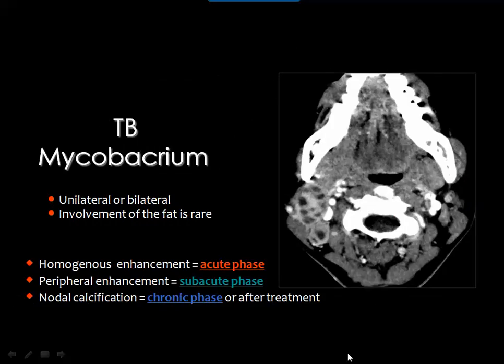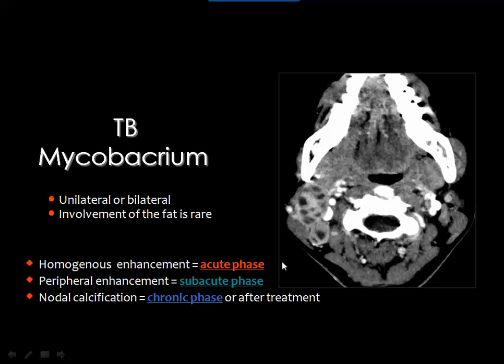Then in Egypt, there are many cases of TB affecting different parts of the body, and this is the usual appearance of tuberculous lymph nodes in the neck. The nodes are small, they are adherent to each other, they have a caseating necrotic center and a peripherally enhancing margin.